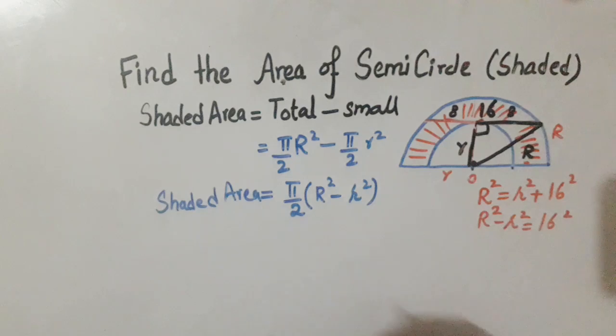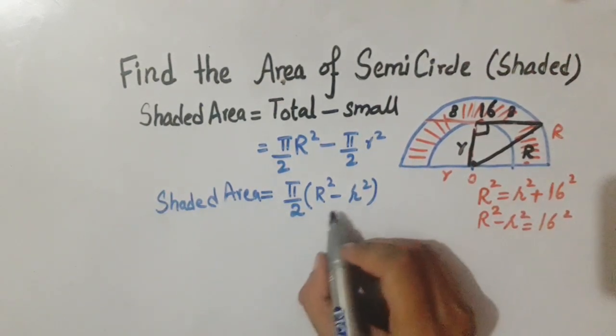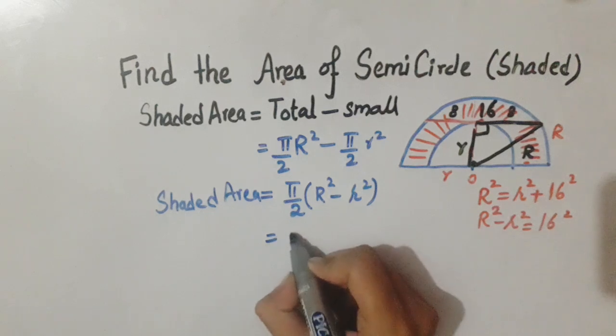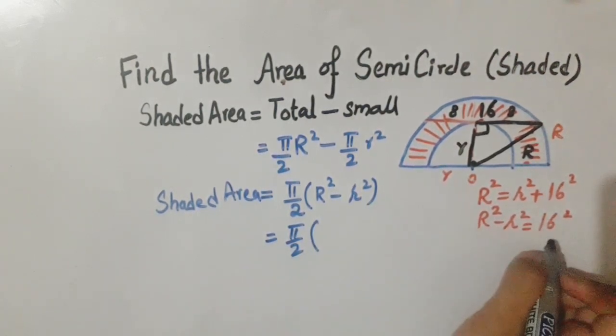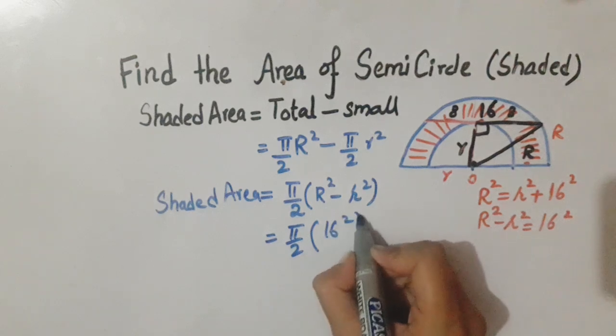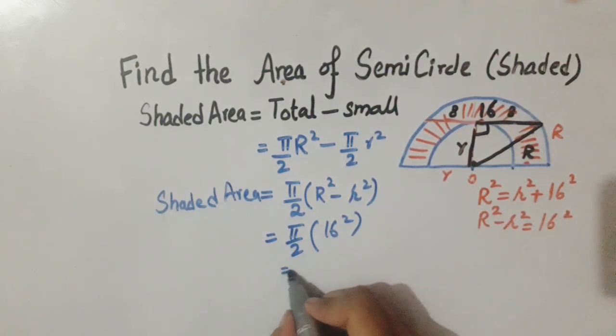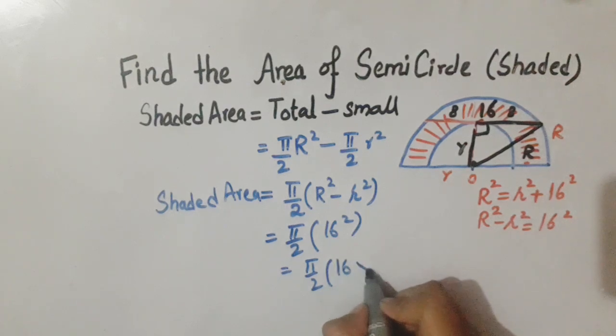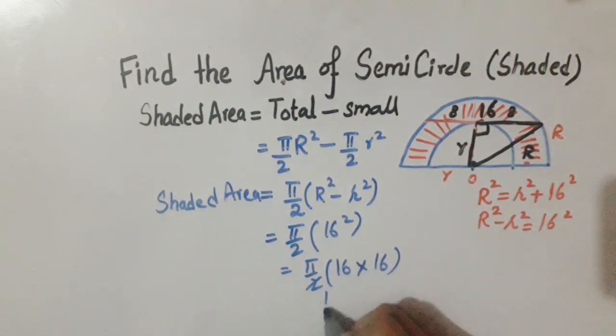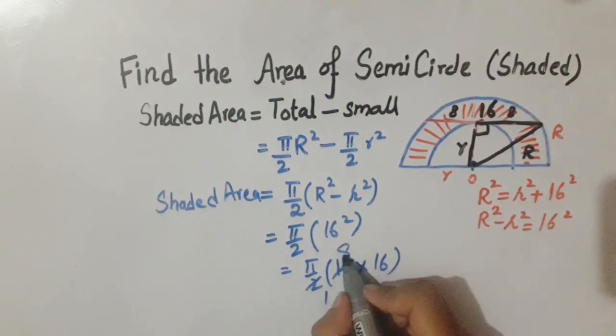Now we will substitute this value in the original equation. It will become pi by 2 times capital R square minus small r square, which equals 16 square. So 16 square means we have pi by 2 times 16 multiplied by 16. So 2 1s are 2, 2 8s are 16.